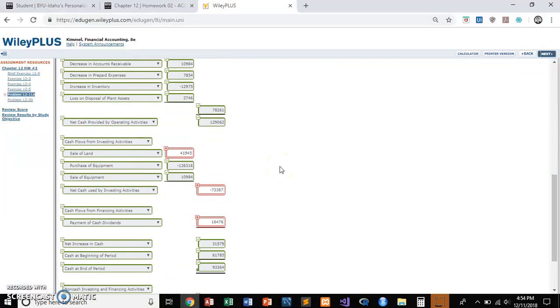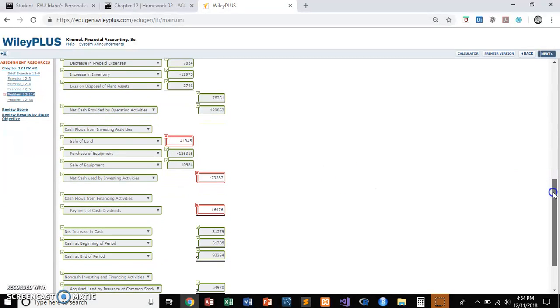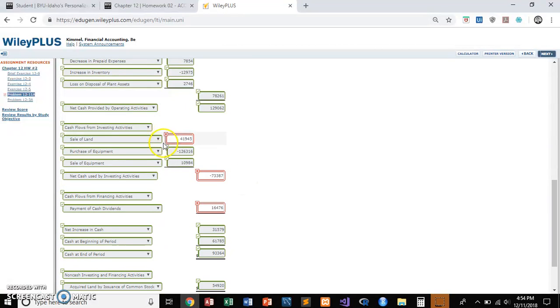And then for net cash used by investing activities, you're going to sum all this up. But obviously I got it wrong because I don't have the sale of land number quite right yet. You're going to add these three together, and you're going to come up with the right number here, hopefully. And then we're going to move down to cash flows from financing activities.